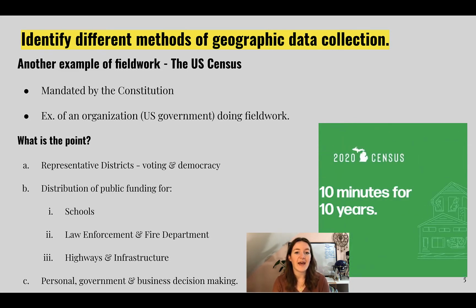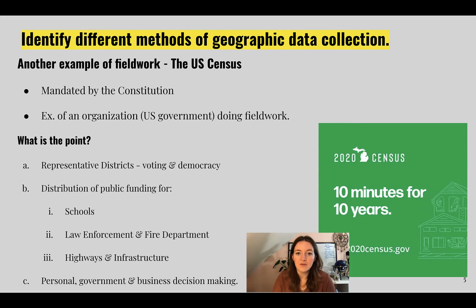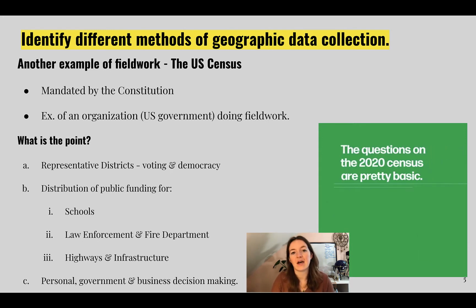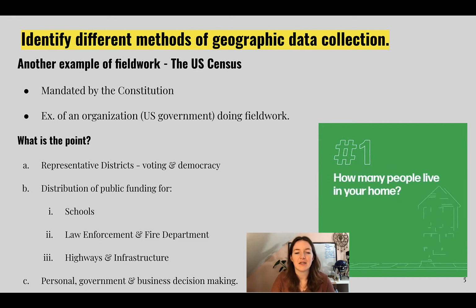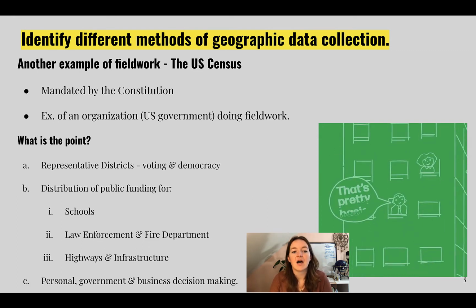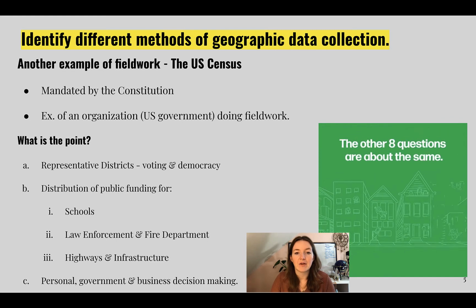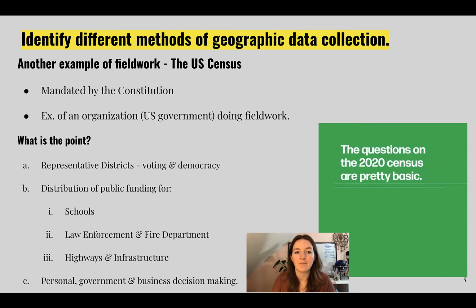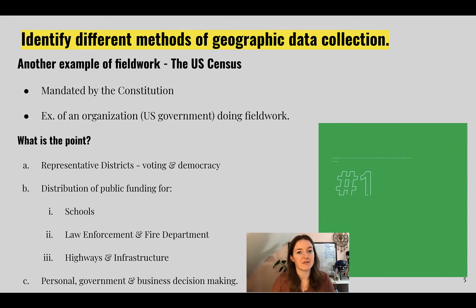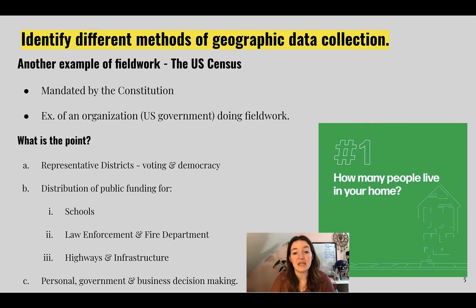So why do we have it? Well, one of the most important reasons is that the census allows us to have our most accurate as possible, because they're not perfect, but our most accurate count of the population, and therefore we are better able to do things like include representative districts, know how many we need.